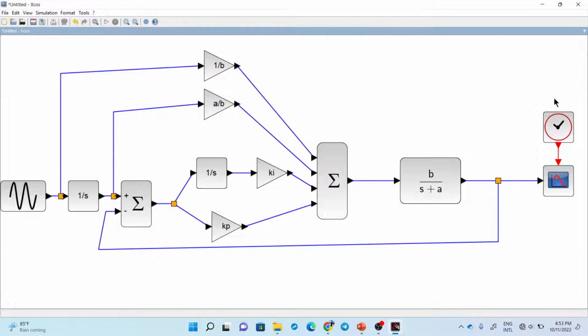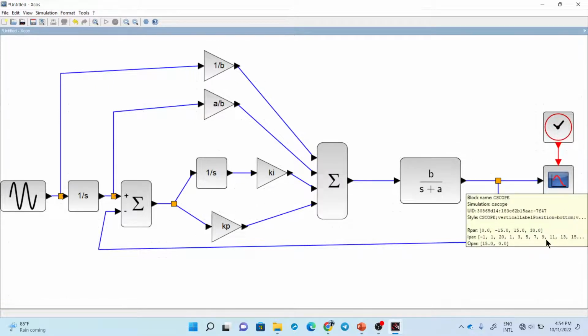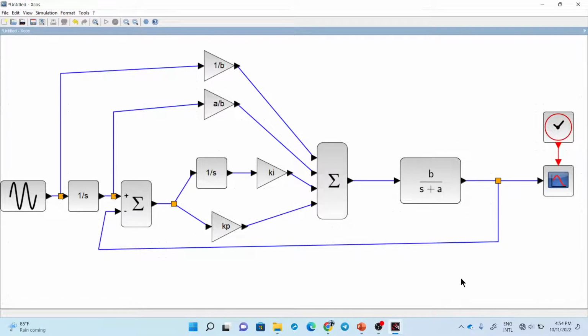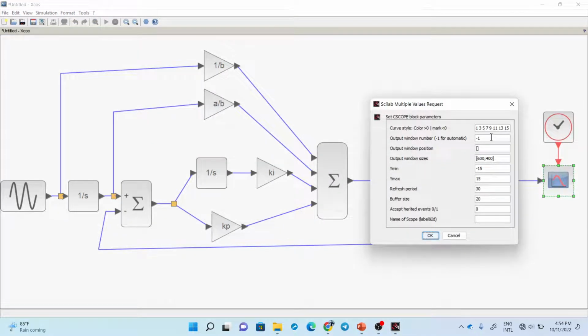Okay, I think I want to see the scope of error as well. Yeah, maybe it's more interesting to see error. But okay, let's say first let's see this one. Oh, but by the way, I need comparison, so I want to see. Yeah, I think output port window position.